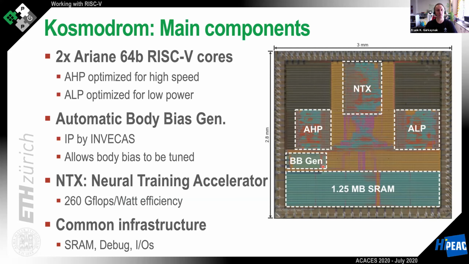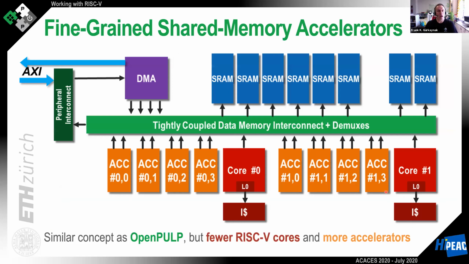It allows the body bias to be tuned. In addition to that, we had some room, so we added our neural training accelerator, which has a lot of efficiency when you're working with training work. And the middle and the rest is actually common infrastructure. There's a large chunk of SRAM on this chip, 1.25 megabytes. There's debug and IOs and other things.